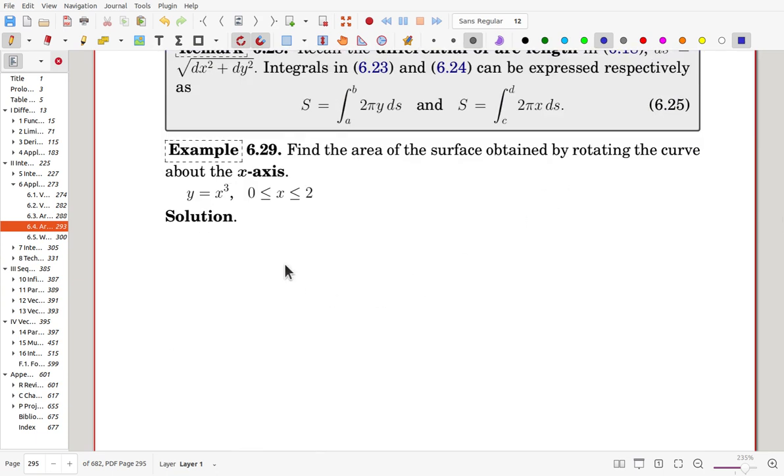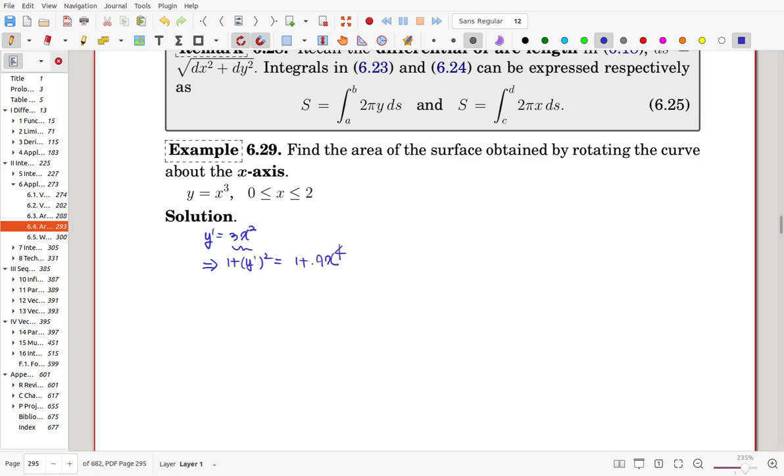Okay. So we have to get square root of 1 plus f prime squared. Now y prime equals 3x squared, so 1 plus y prime squared is the same as 1 plus 9x to the 4.